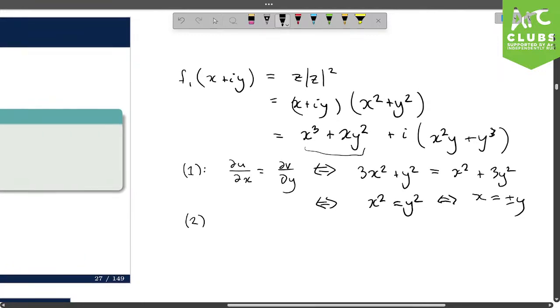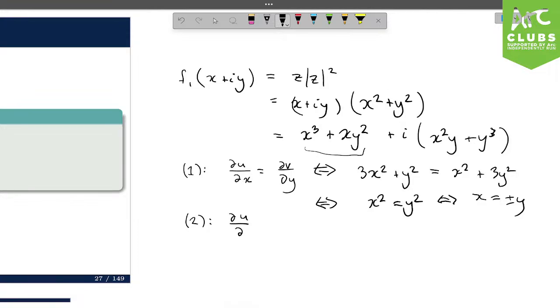For the second equation, we have that delta u over delta y is equal to negative delta v over delta x, right? That's the same as saying that 2xy is equal to negative 2xy, which is only true when xy is equal to 0.